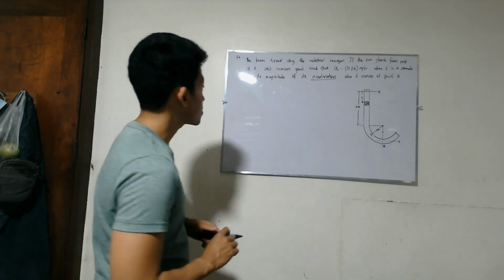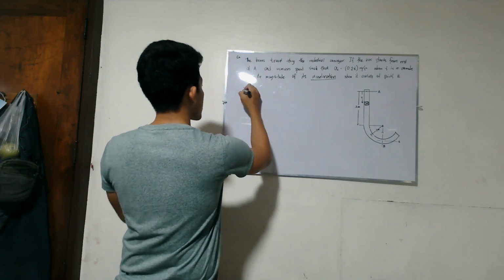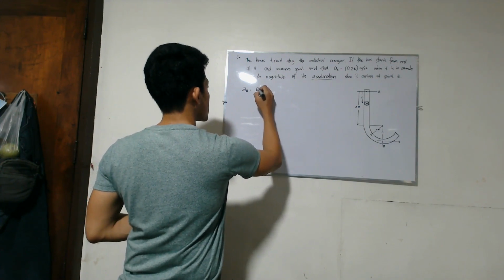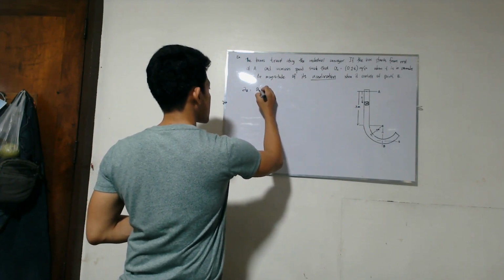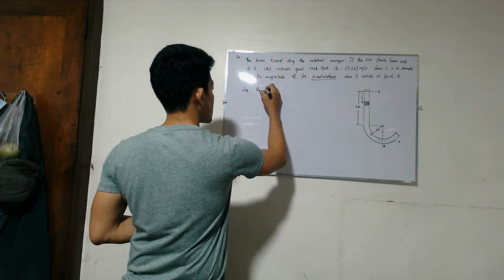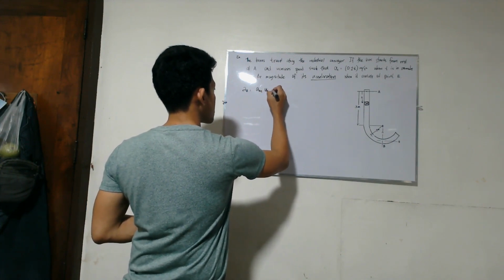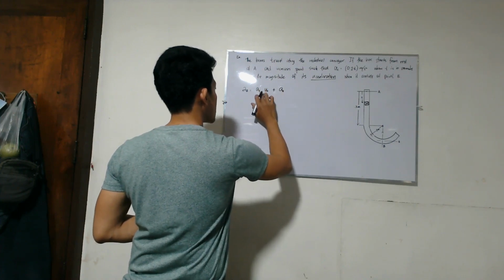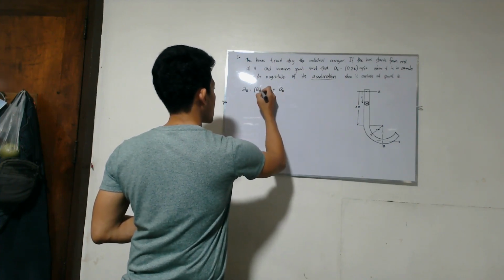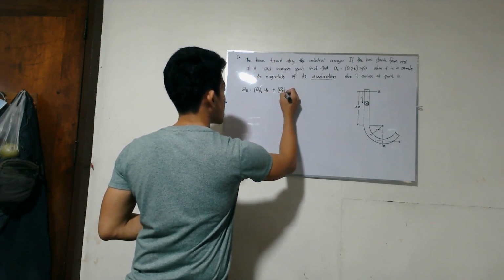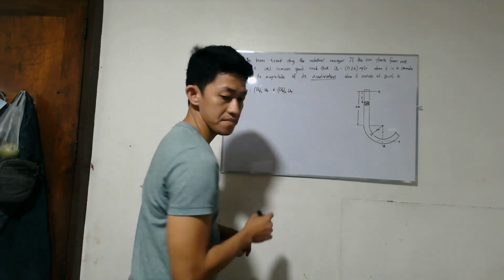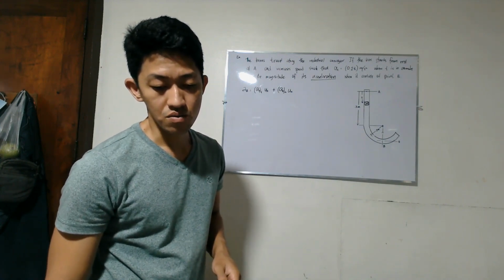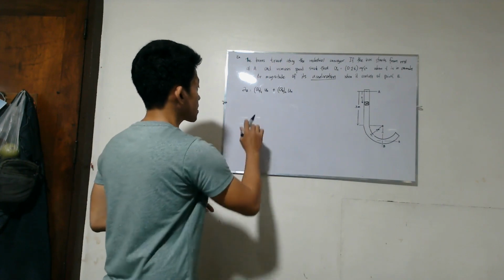So, okay, unsa unang buhaton ani? Acceleration B is composed of acceleration B tangential plus acceleration B normal. Okay? Normal. So, what do we do? Okay.